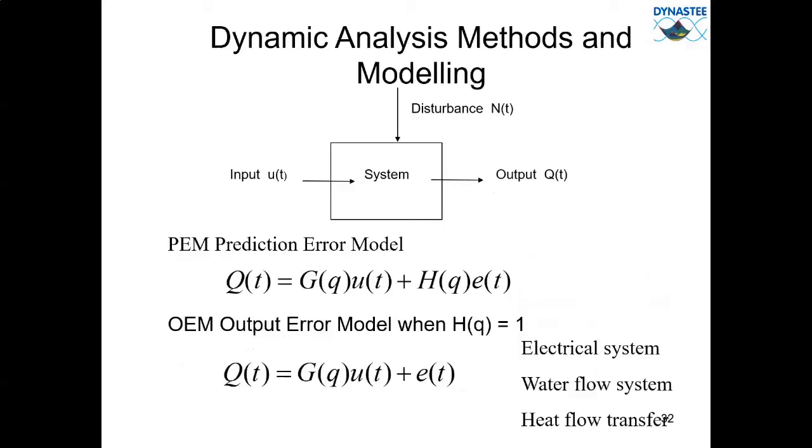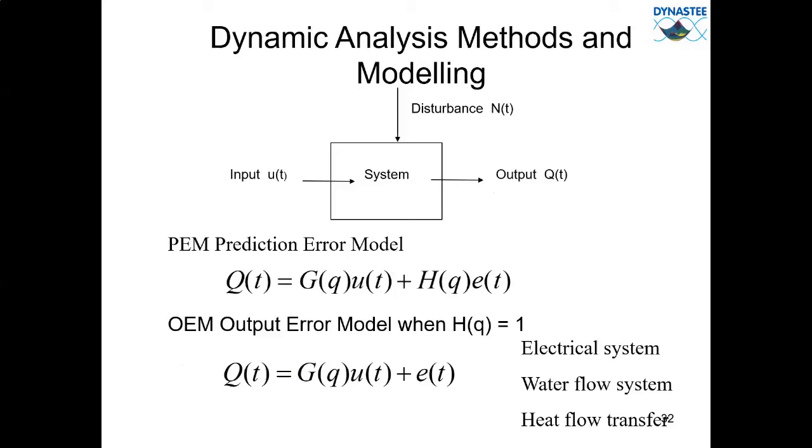A general representation may clarify a little bit. If we have a lot of input available, we can put that in the system. We have an output, a desired output requested, and we have to deal with disturbances. That can be anything from errors to modeling assumptions, etc. It is applicable to different physical systems, for example, electrical systems, water flow systems, and of course, heat flow transfer systems.